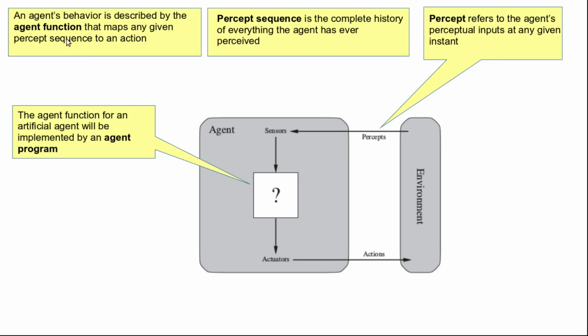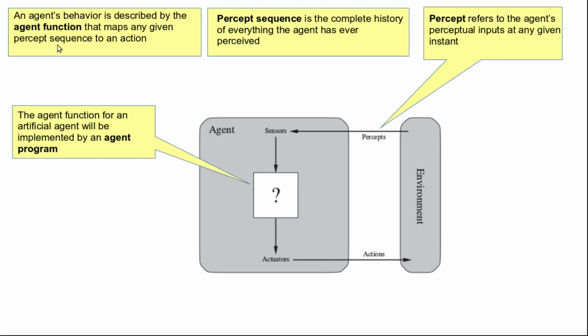Now the agent function may be implemented by an agent program. Maybe we have to write the program, and the program will implement this agent function. So the program that implements the agent function is the agent program. Given the percept, the agent program will tell what action needs to be performed.